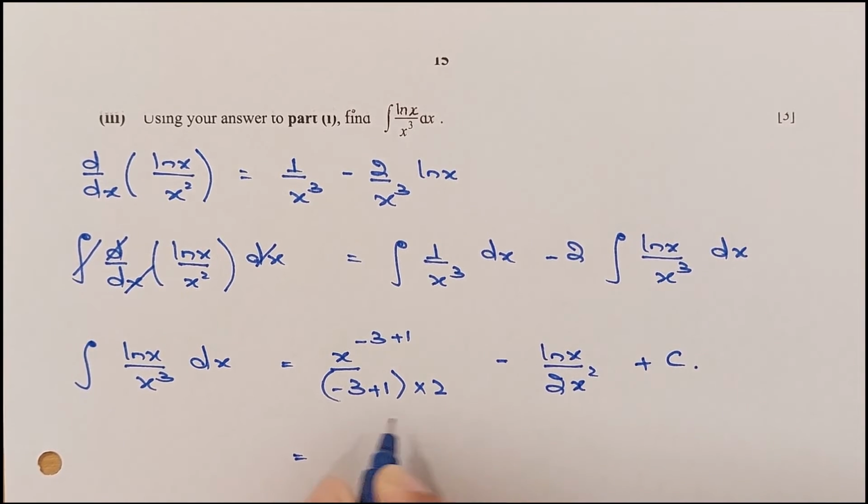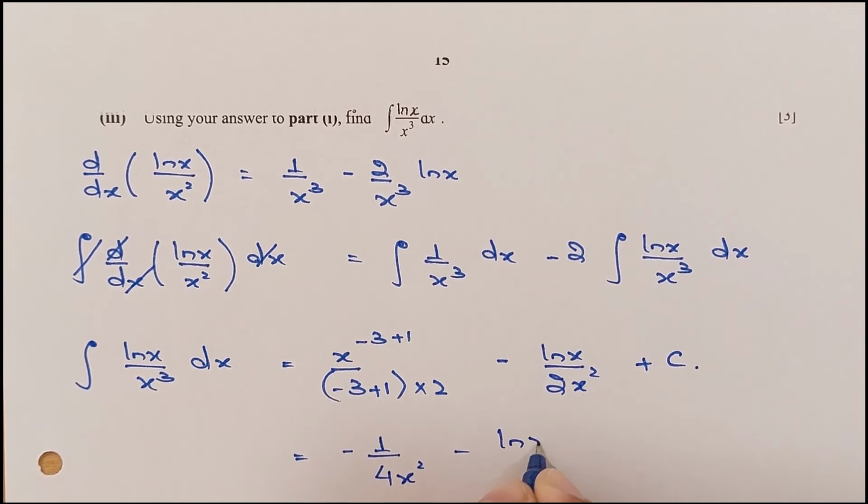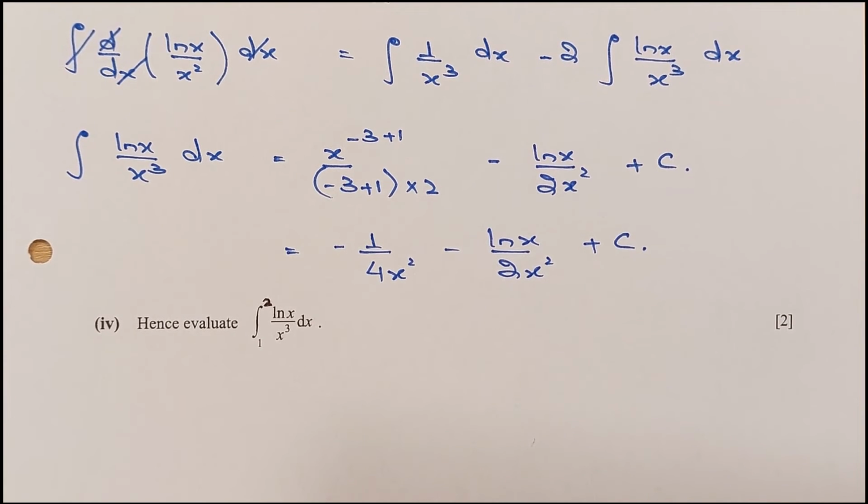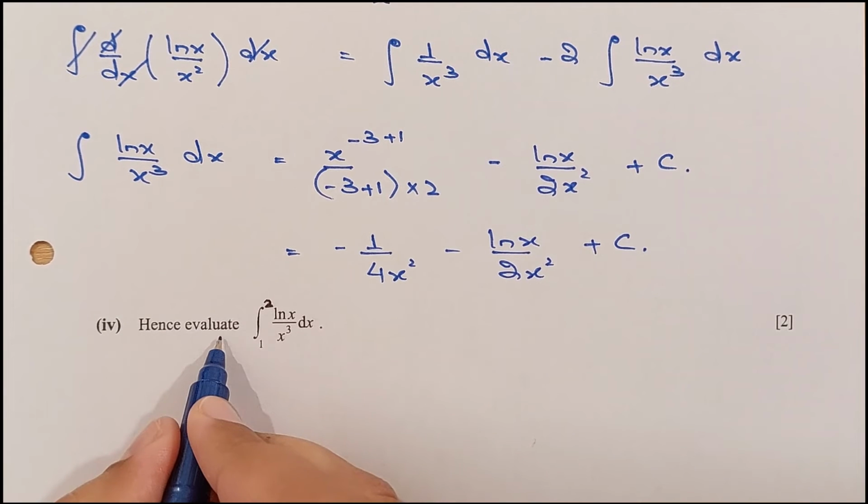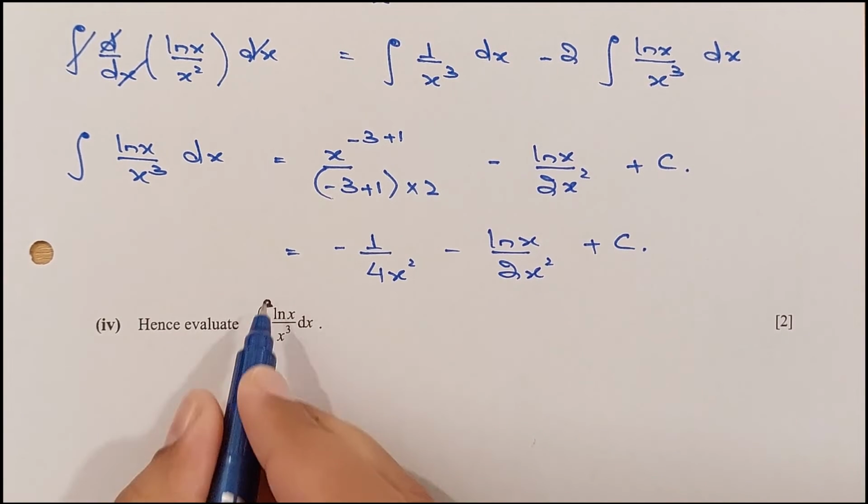Further simplification: we have minus 2 here, and minus 2 times 2 is 4, so minus 1 by 4x square minus ln of x over 2x square plus c. This is the integration. Now for the fourth part, hence evaluate the integral from 1 to 2.